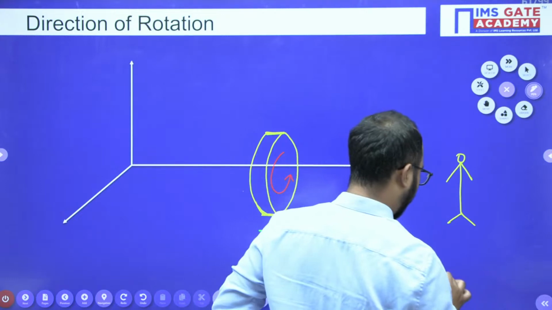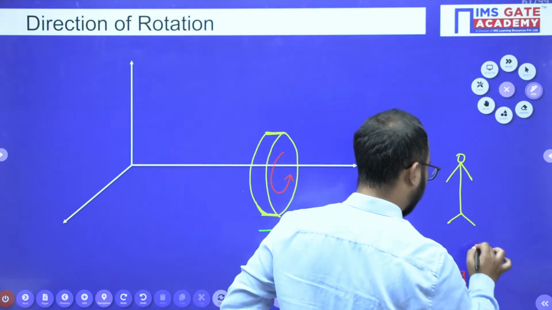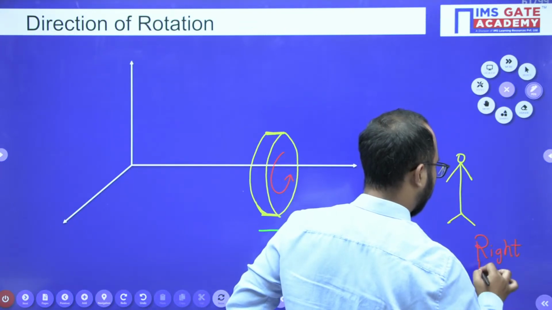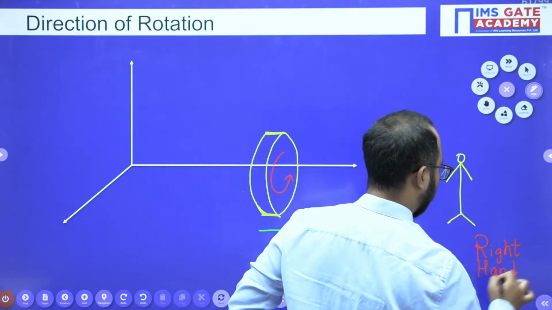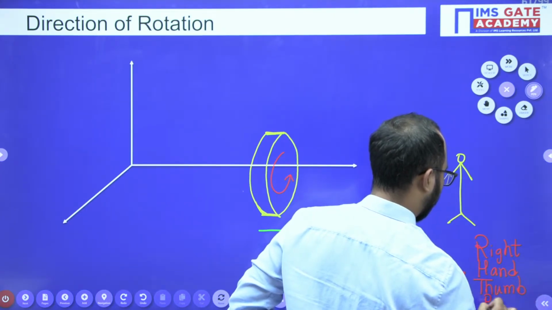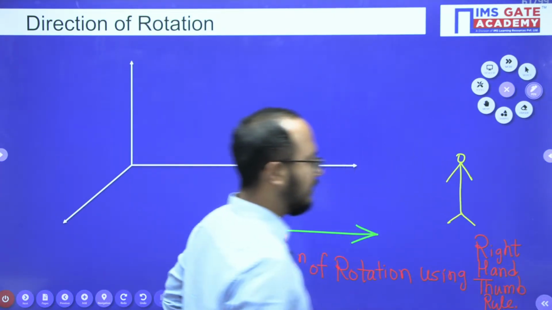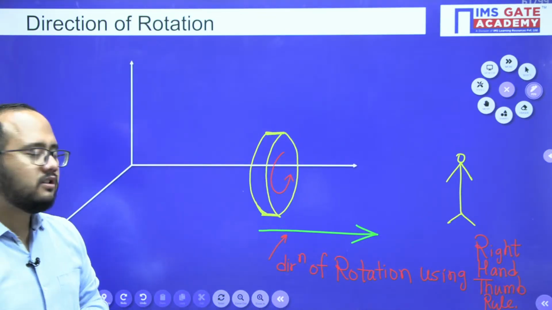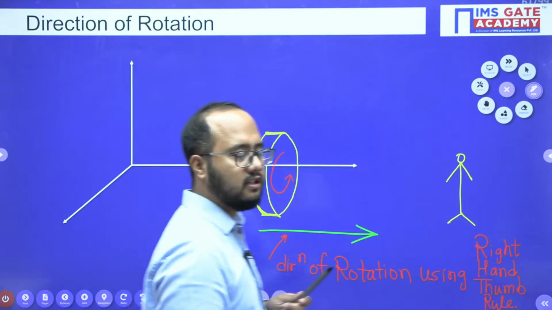First we have to write: using right hand thumb rule. Clear? Right hand thumb rule. I hope this is clear. Just curl your fingers in the direction of rotation.